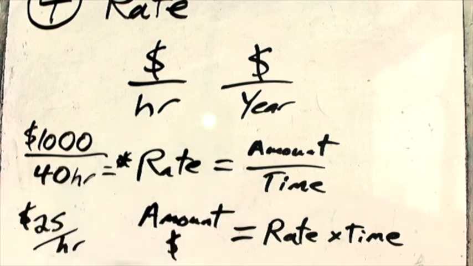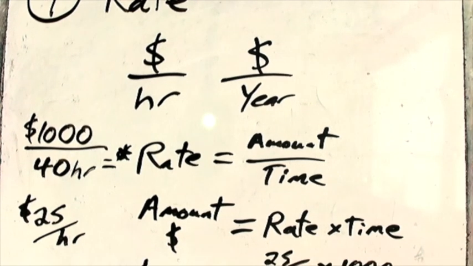There's lots of different versions of this question. Let's say I gave you a pay rate of $25 per hour. Let's plug it in here. And then I said you work for 1,000 hours. If you work for 1,000 hours at $25 an hour, you're going to make $25,000, because I did this times this to be the amount.